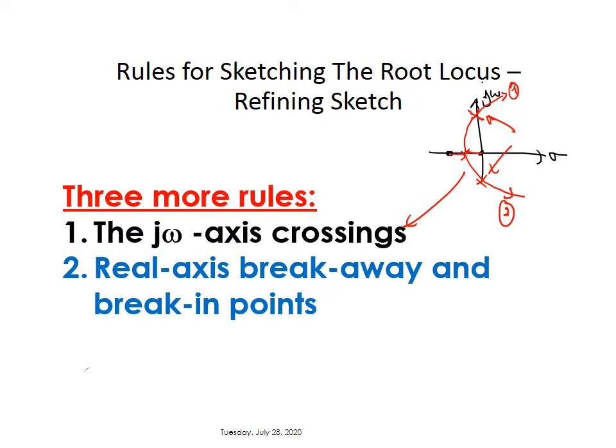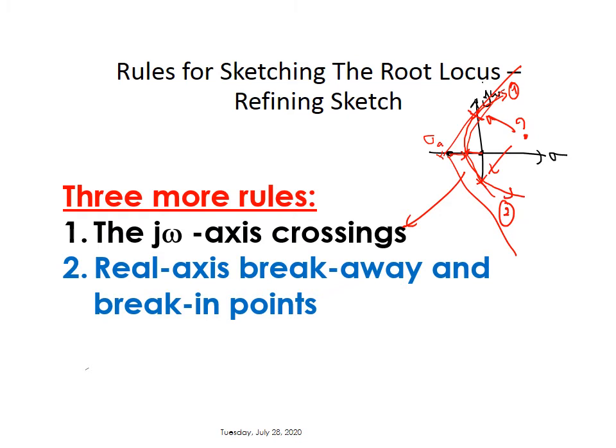So if you just apply the 4-5 rules that we have learned previously, those rules will let you know that there is a point sigma a, and then there are asymptotic lines, so the branch will go closer and closer toward the asymptotic line, but you will never be able to know at which point it will actually cross the j omega axis.